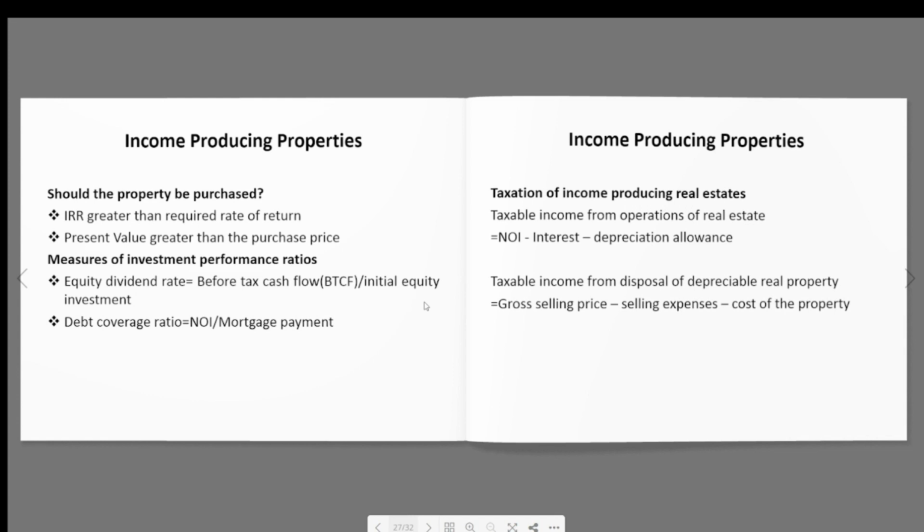We also have the debt coverage ratio. This is calculated by dividing the net operating income by the mortgage payment.